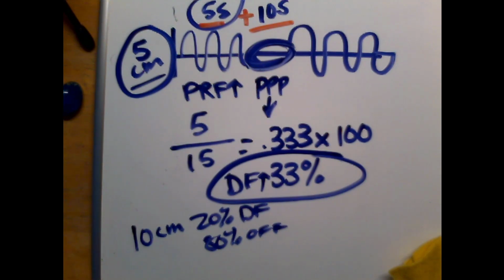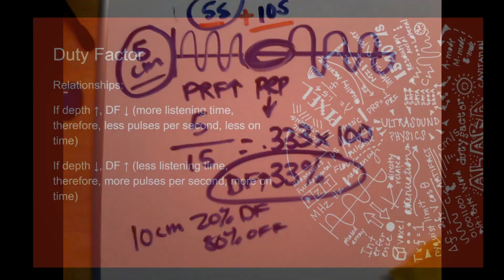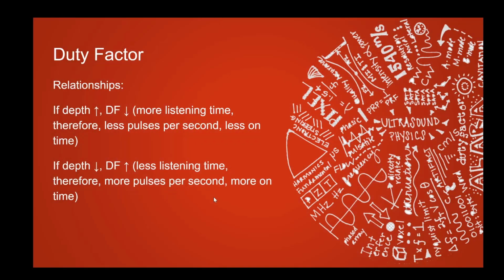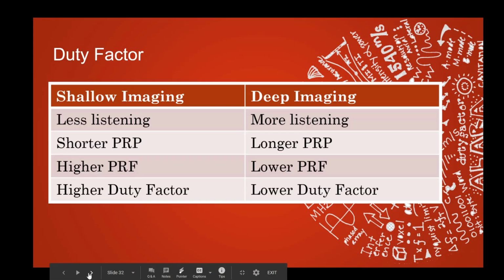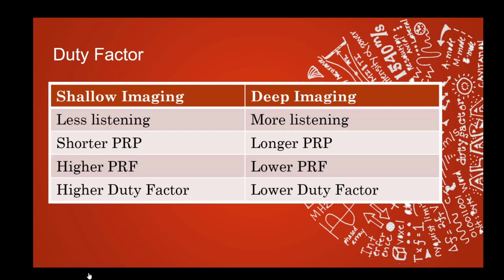All right, so that's a lot of concepts layered on top of one another. But remember, duty factor, PRF, PRP all have to do with your depth. Okay? Next slide is our summary of all of that.